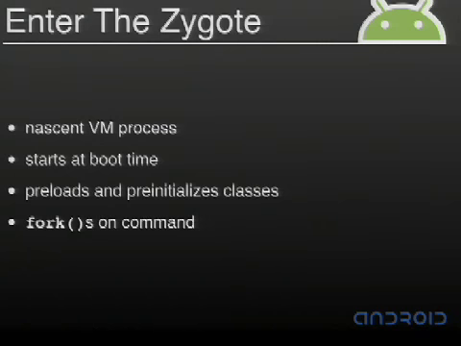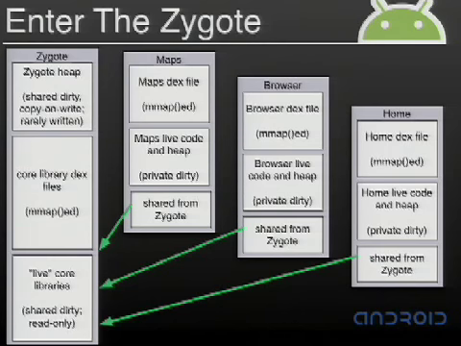So it goes and creates a heap. It goes and creates that dirty memory to represent those classes and methods. And then it sits on a socket and it waits for commands. And when it gets a command to start up a new application, it does a normal Unix fork, and then that child process becomes that target application. And the result of that is this. So the Zygote, again, has made this heap of objects.